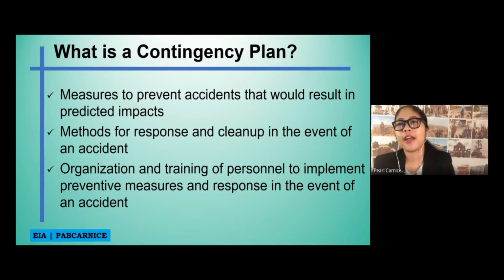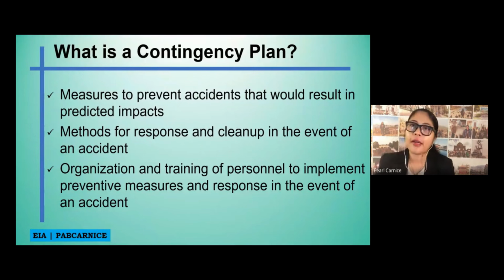So again, when we say contingency plan, this is a measure that we have to do if certain accidents happen. So again, the best way to do it is to have a method of response and cleanup in the event of an accident. Also, we have organization and training for personnel to implement preventive measures and response in the event of an accident.